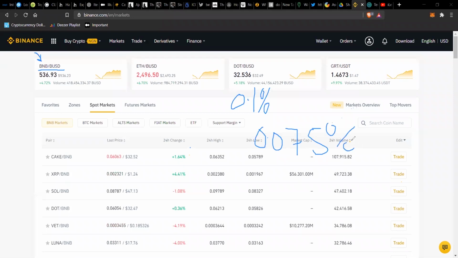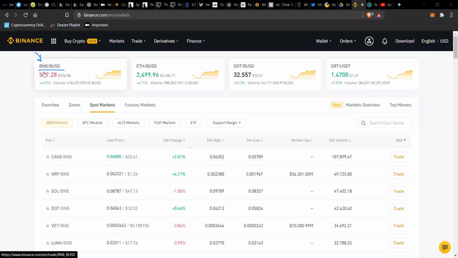So that's like 25% off trading fees. That is why it is very good to have BNB. Many people might think, oh, 0.1% is actually quite insignificant. But in the long run, it will help you save quite some money, so you should consider it. Once you have BNB in your trading balance, they take just 0.075% as trading fees.